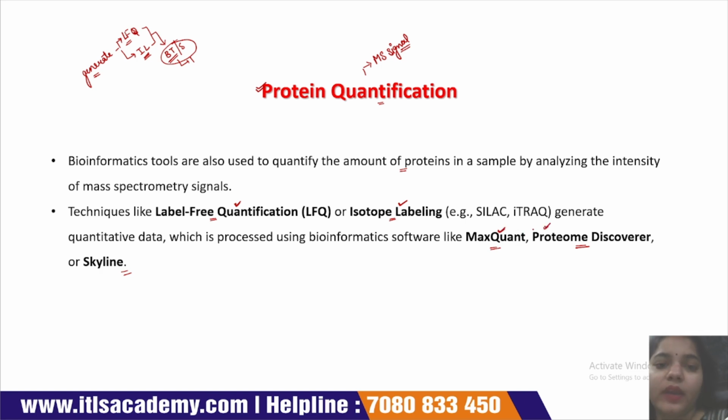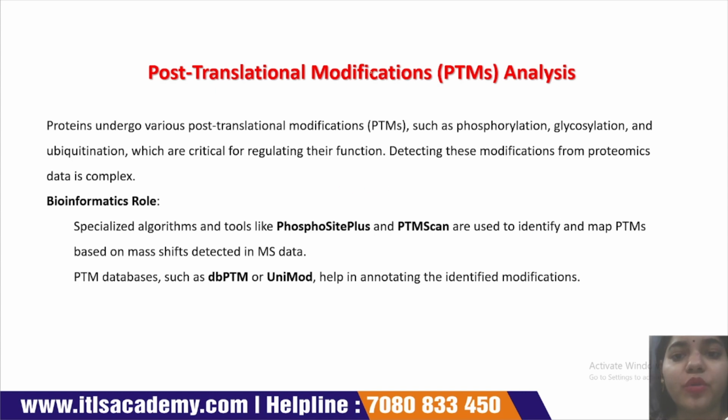Okay. Now we understand the post-translation modification analysis. Proteins undergo various post-translation modifications, such as phosphorylation, glycosylation, ubiquitination, etc. And these post-translation modifications play a most important role in regulating the function of proteins.